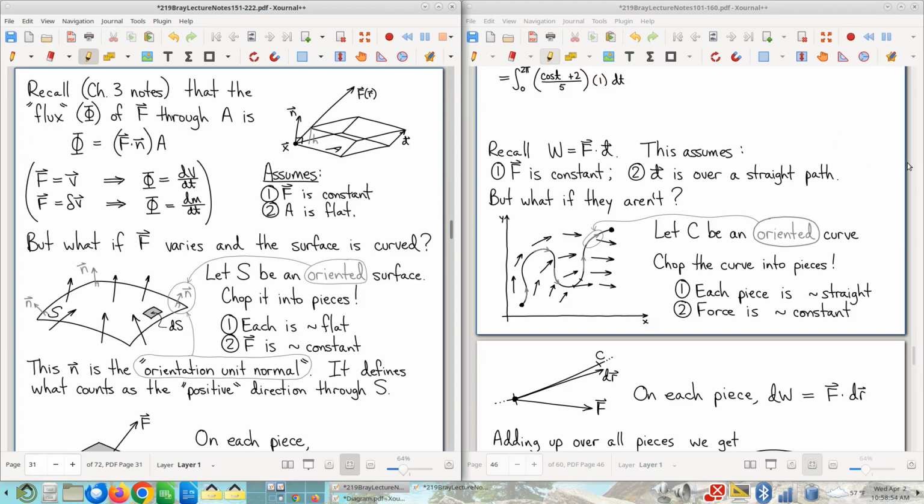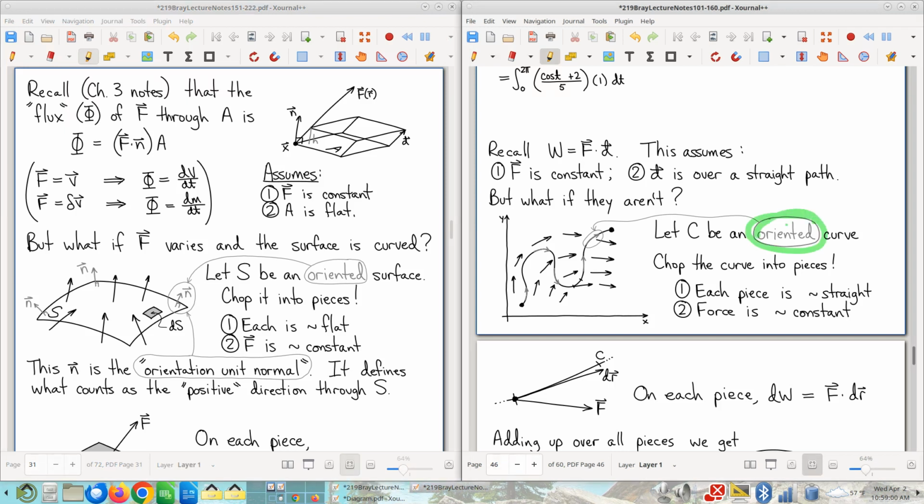What else did we have to consider back in chapter 6? We had to worry about orientation. And this kind of snuck up on us. None of the previous computations we did with line integrals involved orientation. But very importantly, if you are moving along a curve, if you are computing work, you are going in a specific direction along the curve.